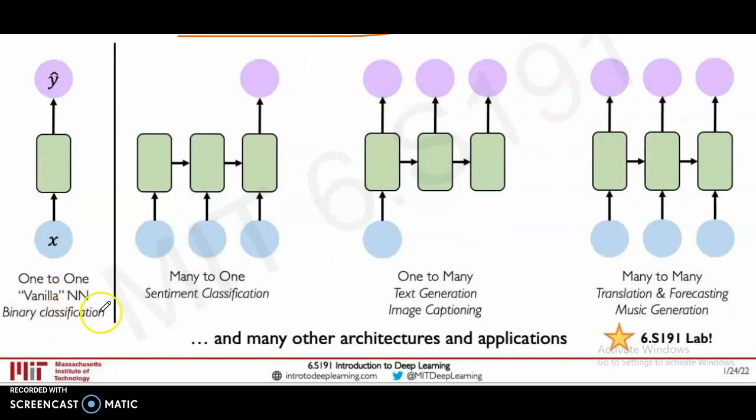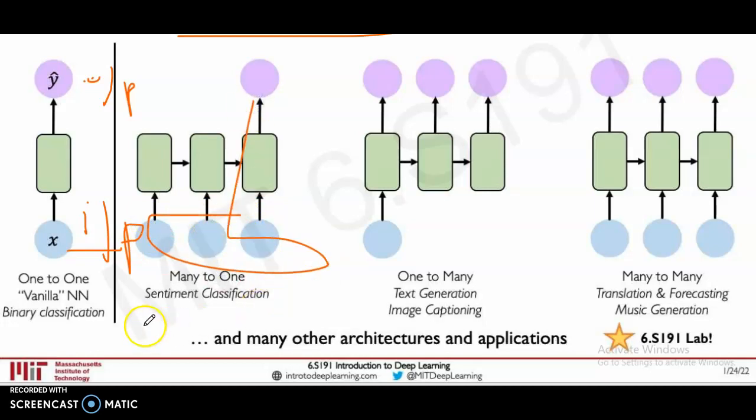One-to-one is a vanilla neural network, for example binary classification, with one input and one output. Many-to-one is sentiment classification.